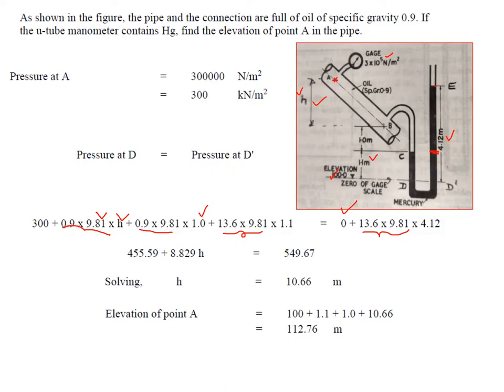Then when moving from point C to point D in the left limb, we have mercury, so 13.6 into 9.81 is the specific weight of mercury. On the right hand side we also have mercury, so the specific weight is 13.6 into 9.81, multiplied by 4.12 as H. Solving this we get H, and that will enable us to find the elevation of point A.